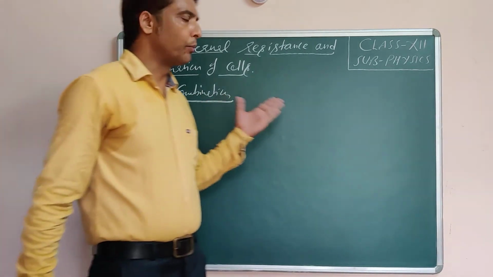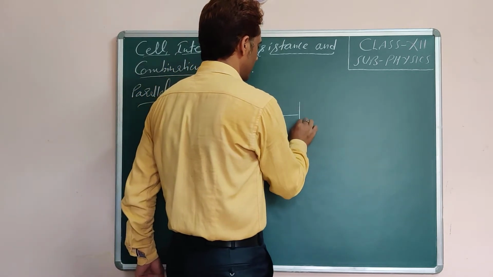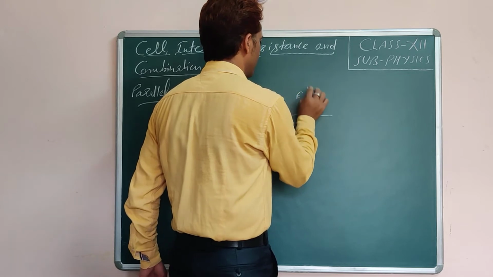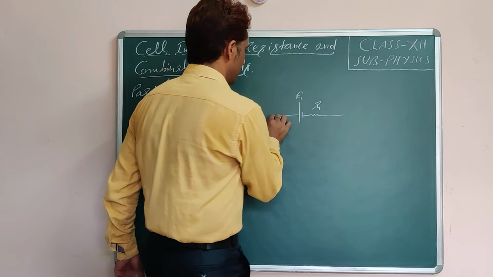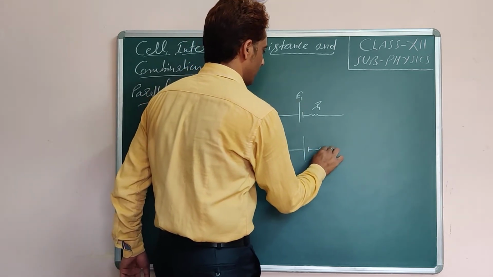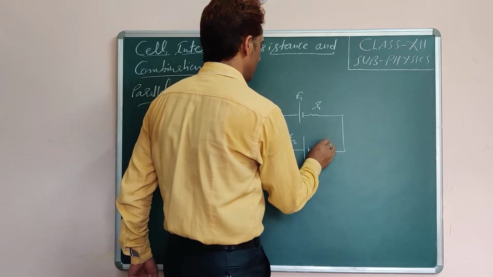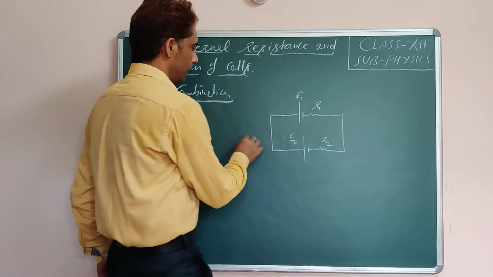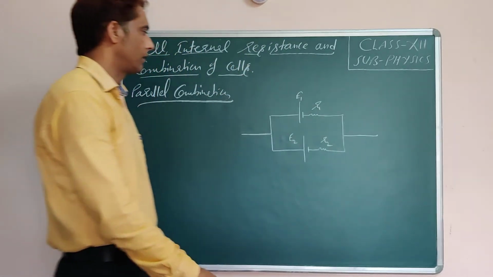Again I will take the example of two cells. Let there be one cell of EMF E1 and internal resistance R1 and another cell of EMF E2 and internal resistance R2. These are connected in parallel.